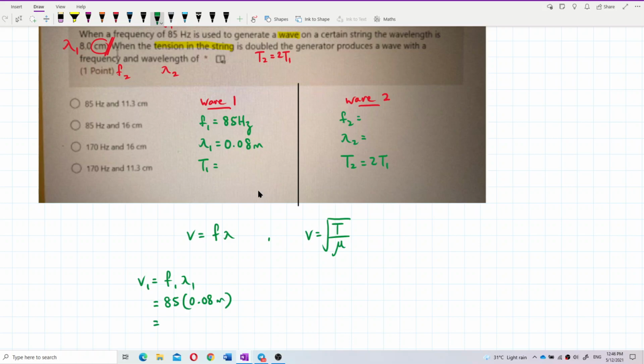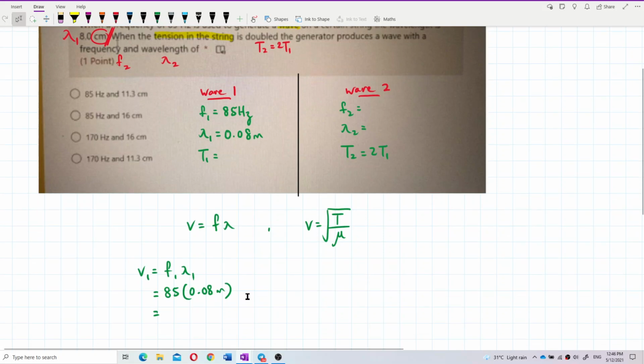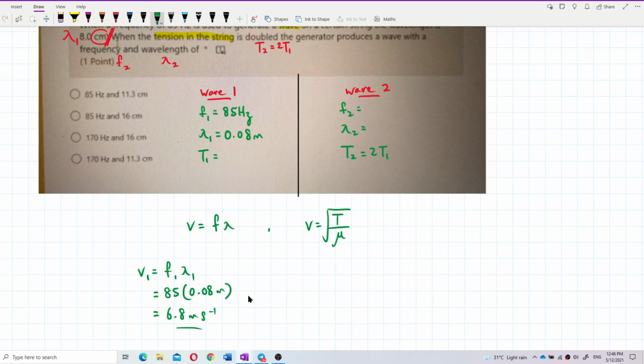So what is the answer? 85 multiplied by 0.08 meter is 6.8 meter per second. So we got here V1 is 6.8 meter per second.